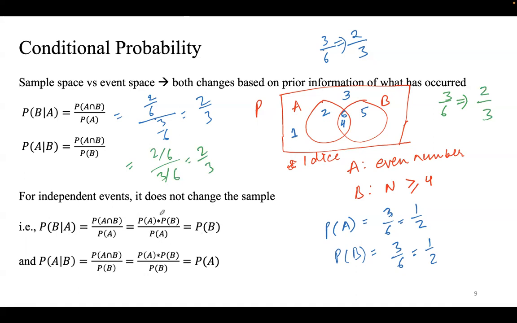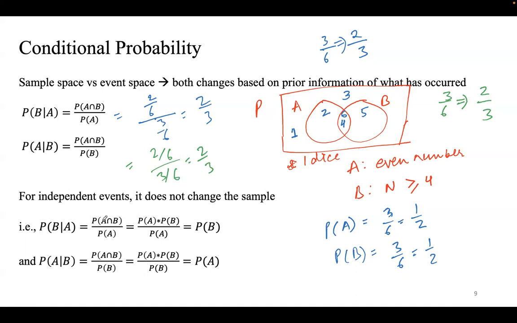Okay. Now, in the case of independent events, by definition, independent events mean one does not affect the other. So when B is happening, irrespective of whether A has happened or not, the probability of B should stay the same, right? So this is given by this formula also.